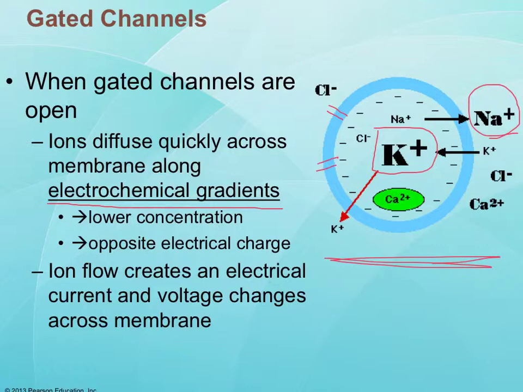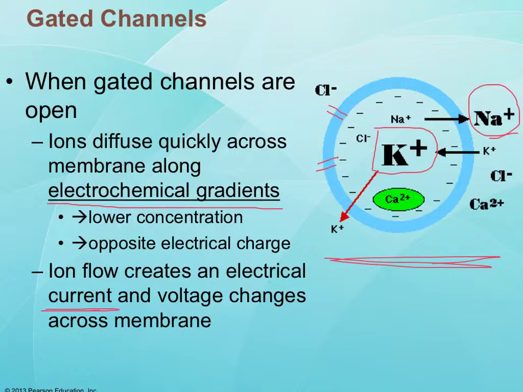The positive ones want to go to a negative place, and the high concentration ions want to go to the low concentration. So sodium wants to go in by concentration, and if those channels open, potassium wants to go out by concentration as well. There are also other ions inside and outside, and they may go across as long as their channels are open.